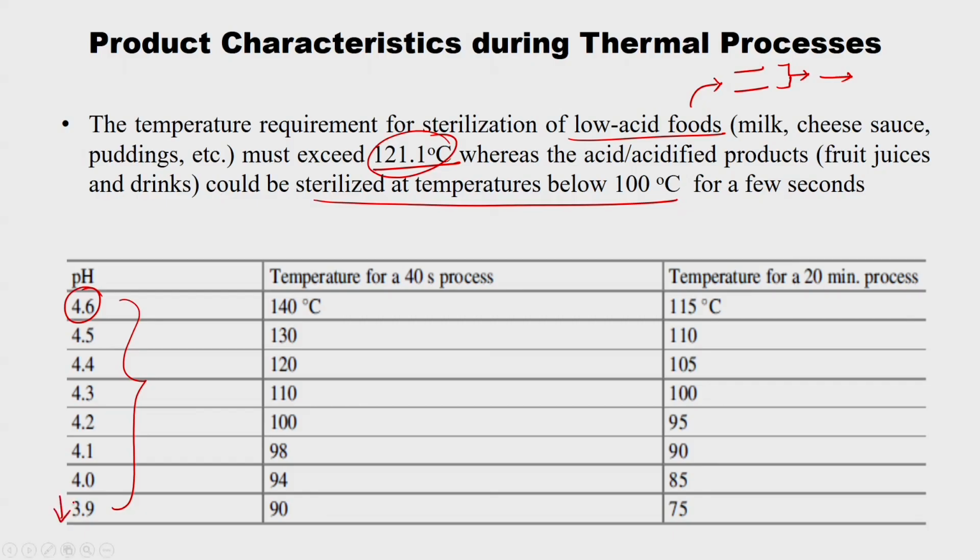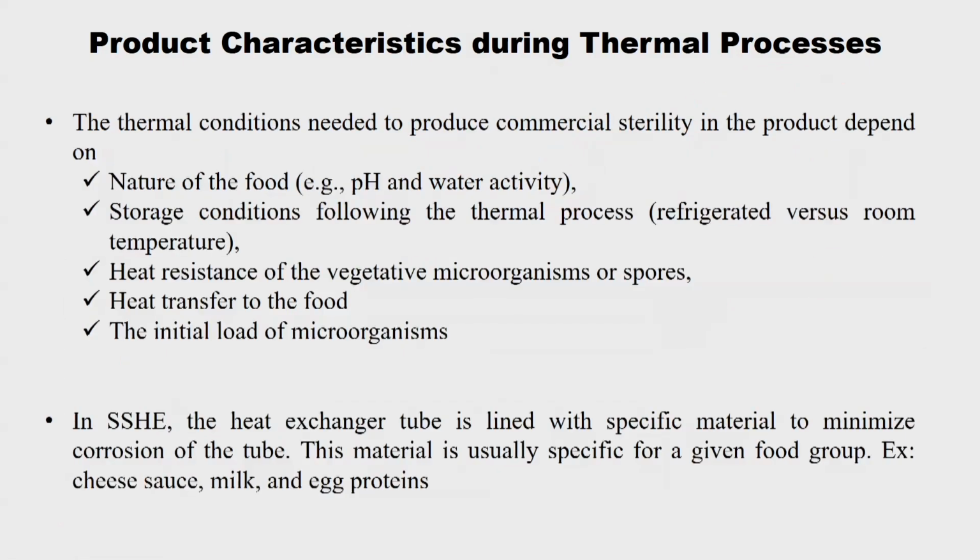If you see acid food, 90 degrees centigrade and 40 seconds is enough, but if it is low acid food, this needs 140 degrees for the same 40 seconds. The same thing for 20 minutes requires only 75 degrees, but at the same time my low acid food requires 115 degrees for 20 minutes. Okay. So, from acid to low acid, the temperature requirement is increasing for the same time of processing.